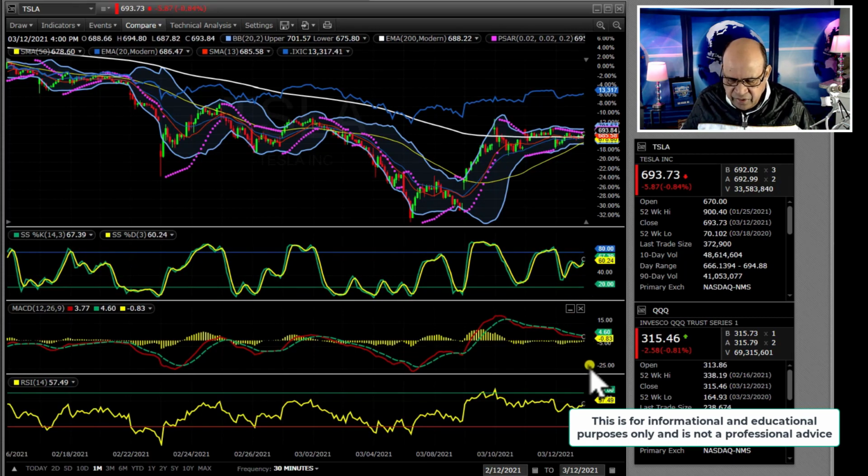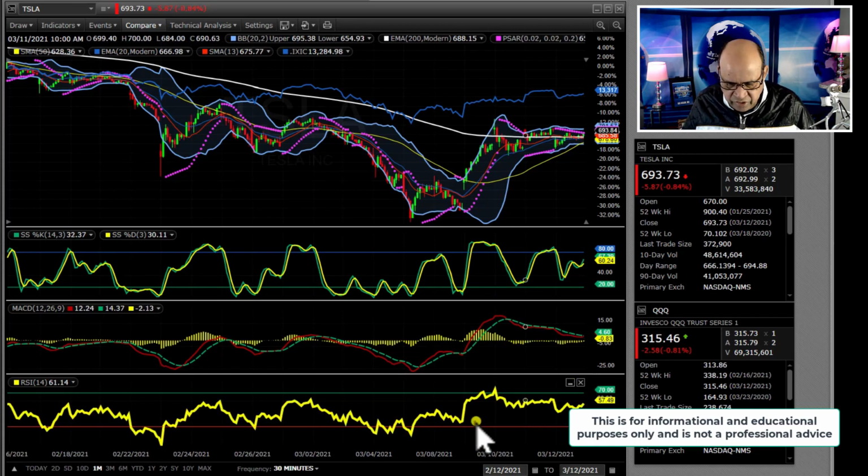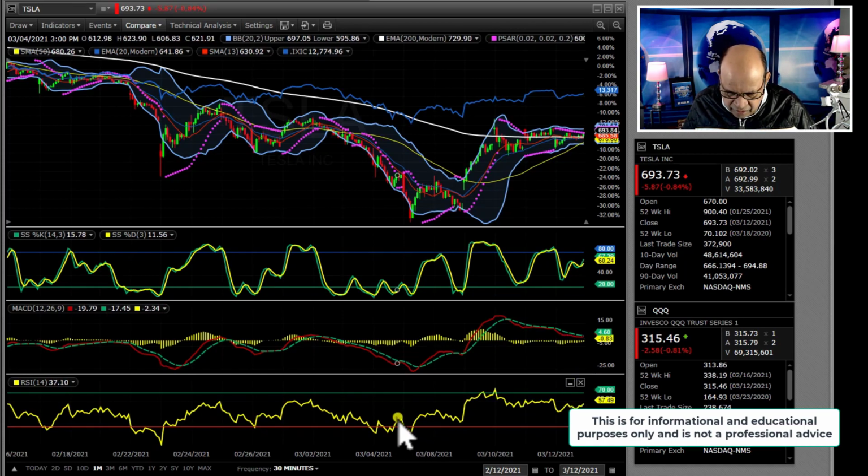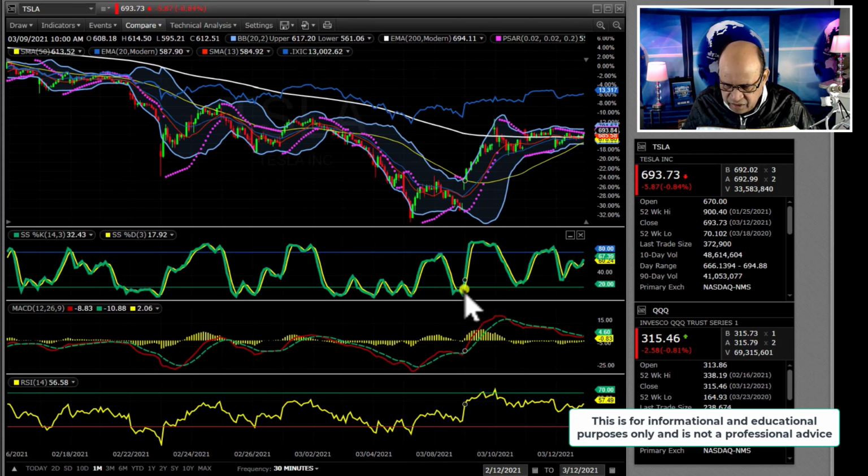So I would look for little stronger signals, such as the RSI coming from below and crossing the 50% line, or a stochastic coming from below and crossing the slower stochastic line, or an MACD like this, which crosses over from minus bars to plus bars.